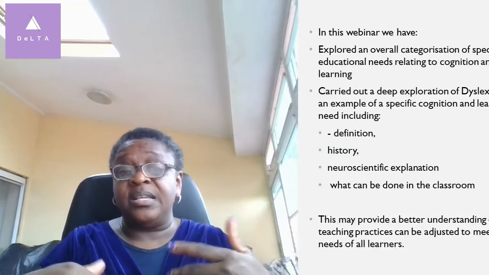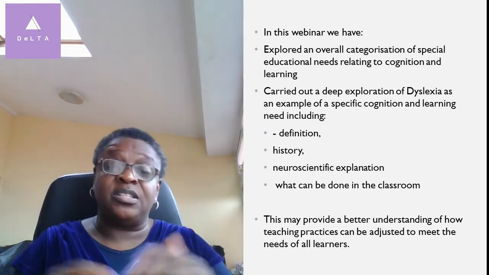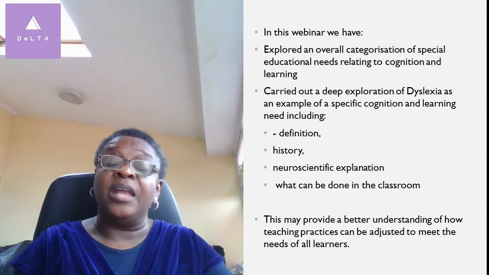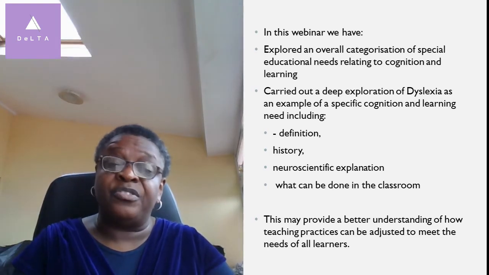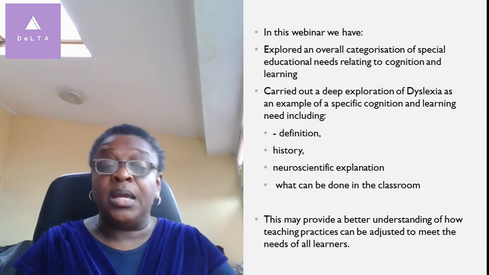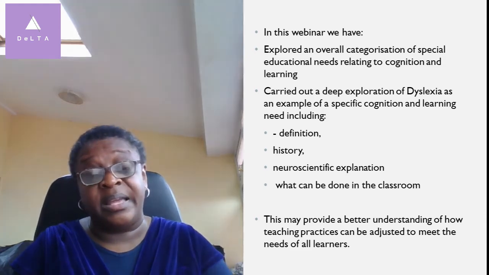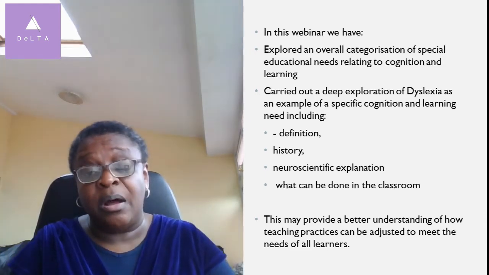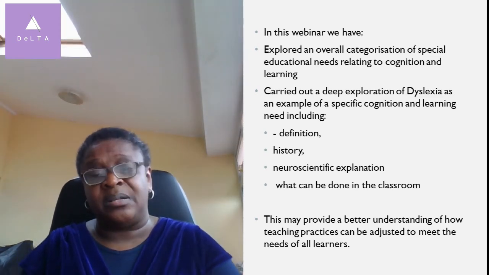So that's sensitive use. So just to bring all these ideas together, what we've done is we've explored an overall categorization of special educational needs relating to cognition and learning. And we've gone a bit deeper into dyslexia as an example of a specific cognition and learning need, looking at its definition, its history, a neuroscientific explanation, thanks to Mello and Gabrielli and their beautifully accessible article, and also what Hanks has had to say about what can be done.